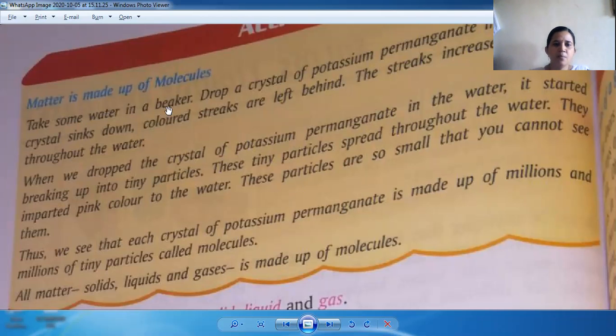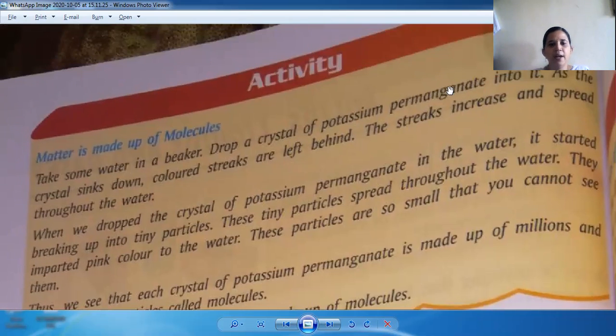See, take some water in a beaker and drop a crystal of potassium permanganate. As the crystal sinks down, the small particles of the crystal come down and colored streaks are left behind.